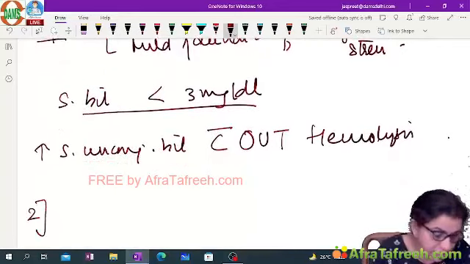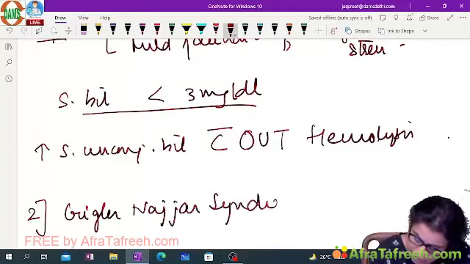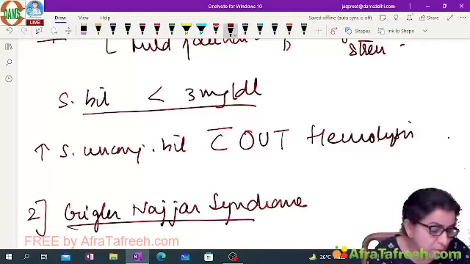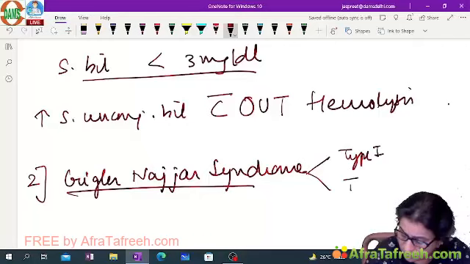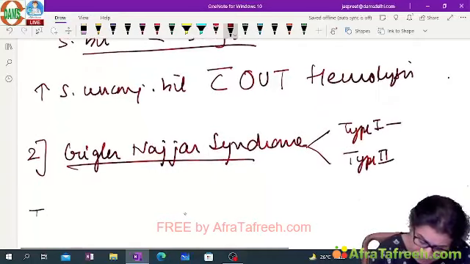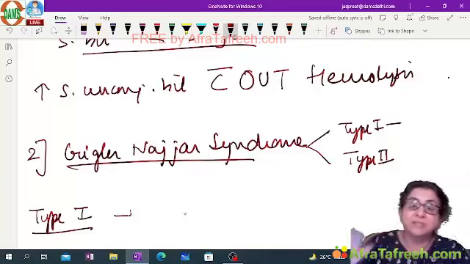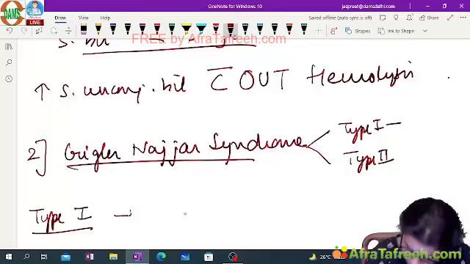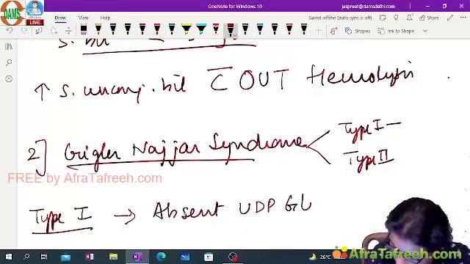Second syndrome is Crigler-Najjar syndrome. Now Crigler-Najjar syndrome is of two types, type 1 and type 2. In type 1, there is complete absence of UDP glucuronosyltransferase.